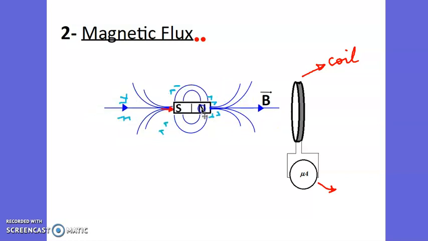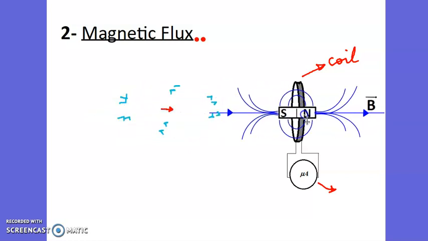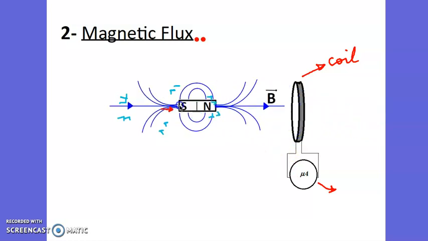While we observe that when the magnet is at rest in the coil, meaning the magnetic flux is constant because the number of lines is constant, there is no electric current in the ammeter or microammeter. Okay? So the electric current doesn't depend on the flux itself, it depends on the increase or decrease of flux. I mean the variation of magnetic flux. Okay?